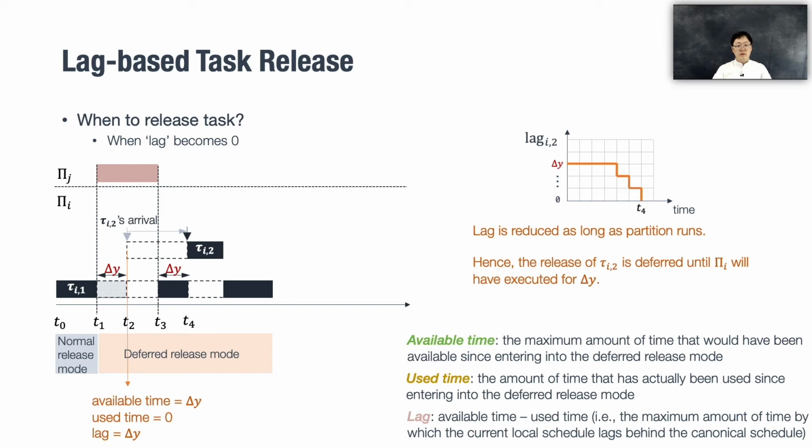Lag is the difference between these two. That is, how much the current local schedule lags behind the canonical one. If it is not 0, say 5, task release should be deferred until the partition executes for 5 more time units. So lag is reduced as long as the partition runs, and when it becomes 0, the task is released.